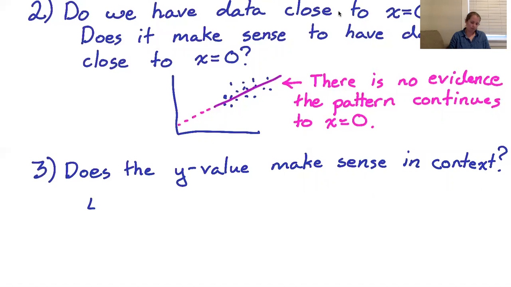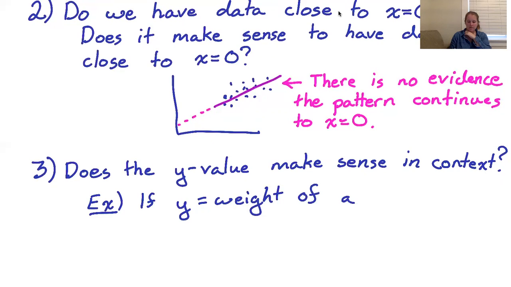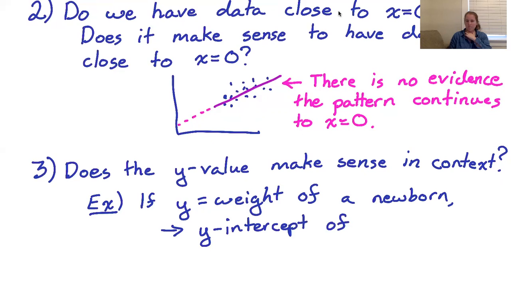So for example, if the y variable is referring to, say, weight of a newborn, then a y-intercept of negative 1.5 would make no sense.